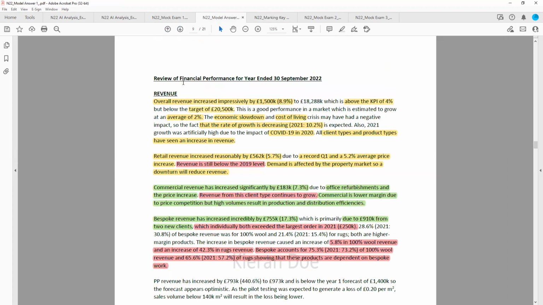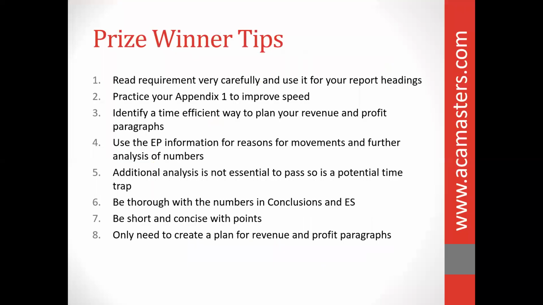So of course, you'll always be thorough with the numbers. Whenever you can use a number to support a point, make sure you do. We're accountants, that's what we do. So make sure you use a number where you can. Sometimes students have got the number in the main body, but somehow they don't have it in the conclusions. And that's usually because they've just retyped their conclusions from scratch.